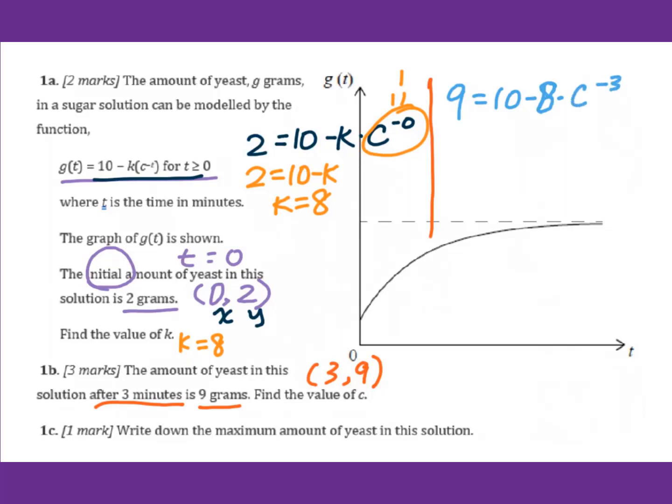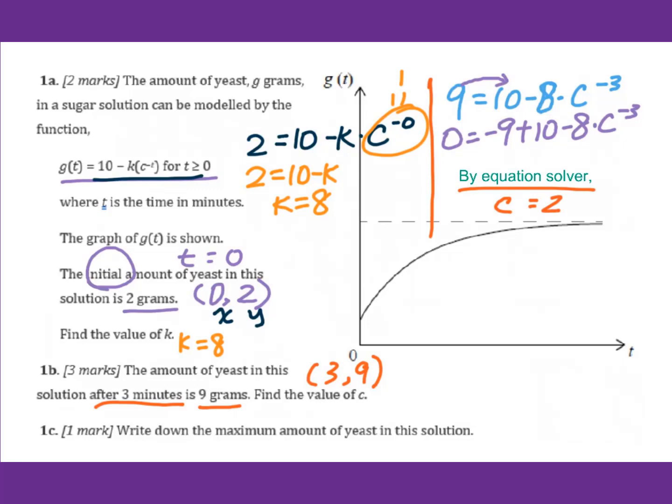By equation solver, you can solve this equation. Move 9 to the right side, make sure to get equal 0: negative 9 plus 10 minus 8 times c to the negative 3rd power. By equation solver, you will get c equals 2.